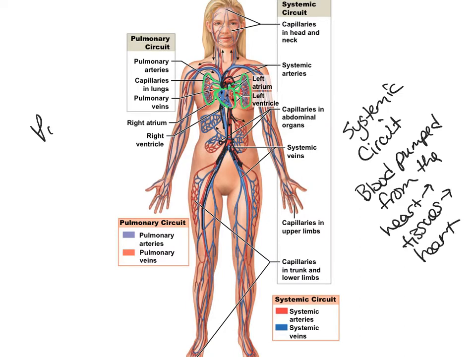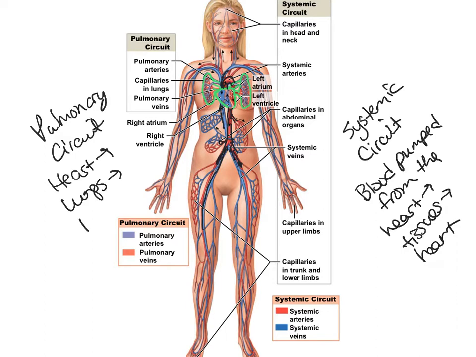Whereas that pulmonary circuit, the blood was pumped from the heart to the lungs, and then back to the heart again. So that's the difference. And we're going to see the vessels when we get to chapter 21, and then we can talk about that a little bit more. But I just wanted you to know the difference between the pulmonary circuit and the systemic circuit.